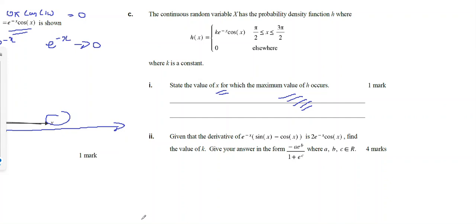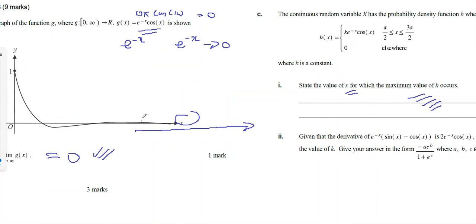Now, this is the same graph as this, except it's been multiplied by a negative k, and we're going from pi on 2 to 3 pi on 2, which makes me think that k is going to be a negative number, because I'm looking for this area here to be above the x-axis, so therefore it's going to look like this.